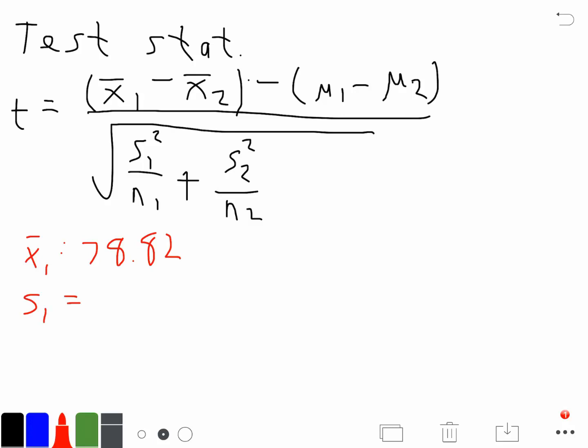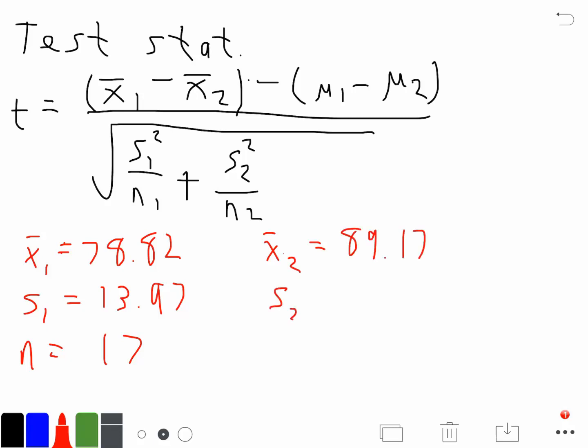When I plug it in, I get x sub 1 bar is 78.82, s sub 1 is 13.97, n sub 1 is 17. x sub 2 bar is equal to 89.17. s sub 2 is equal to 9.25. And n sub 2 is equal to 12.